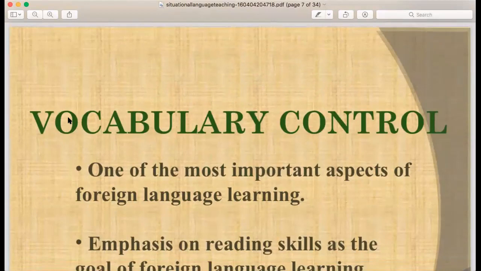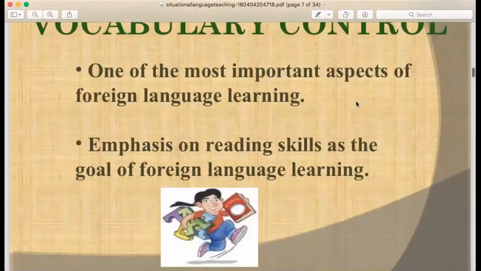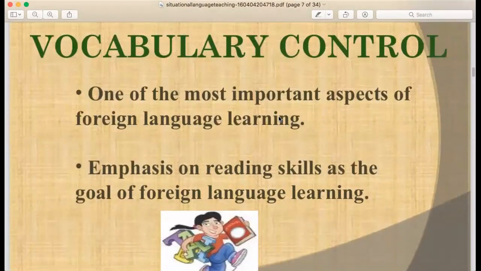Of course vocabulary is important, because without words how would they speak? And they are going to emphasize reading skills for language teaching, but basically this reading is not just to develop reading.